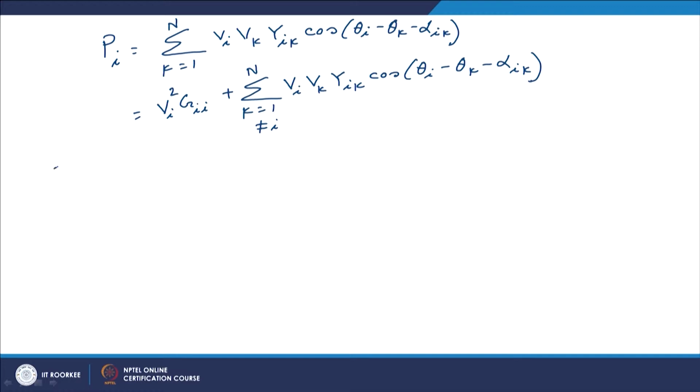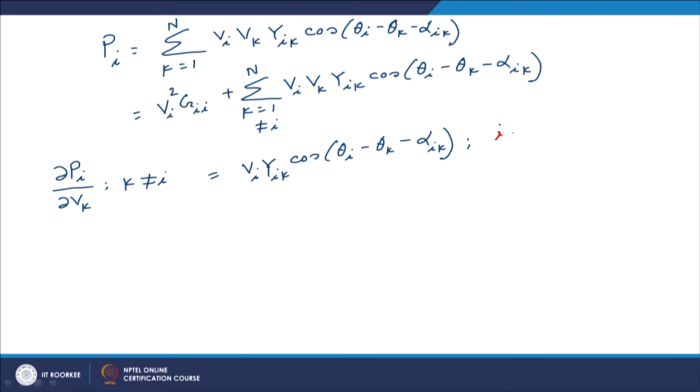So, if I calculate del Pi by del Vk for k not equal to i, what I will get is Vi Yik cos(theta i minus theta k minus alpha ik).